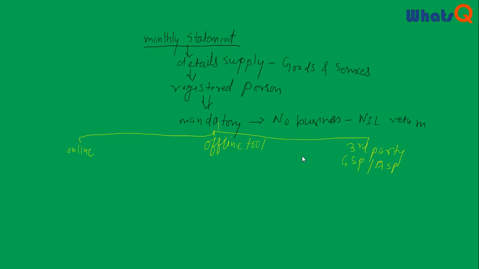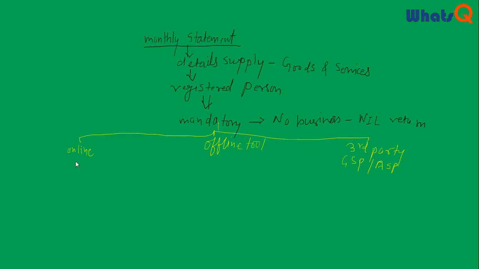Then you don't need to upload the data directly to the GSTN portal, but you upload data to the server of the third party, and they will migrate the data to the GSTN portal, as there is a separate registration for that. So these are the three ways under which you can file.